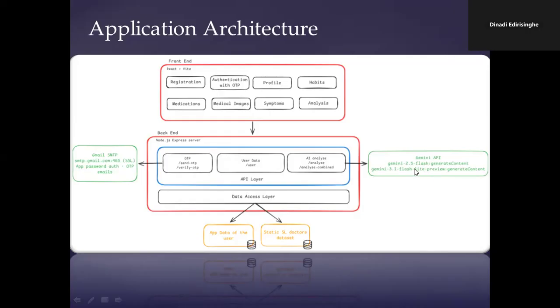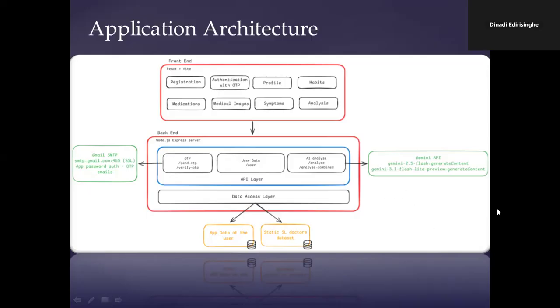I have used two models, but currently one is active. For the OTP, Gmail SMTP is used, and there's a data access layer. It is divided into two parts: one is the app data of the user, and the other is a static doctors' database.